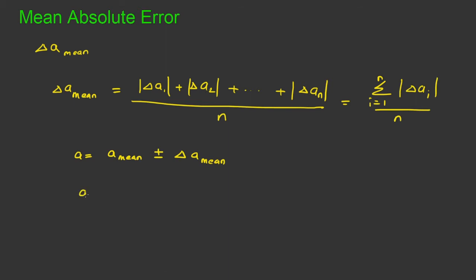That is, A mean minus delta A mean is less than A, less than A mean plus delta A mean.